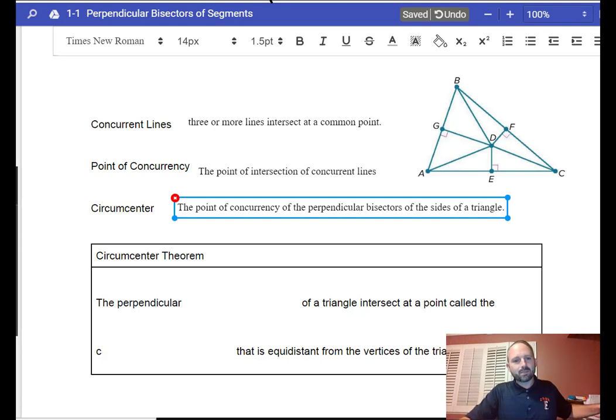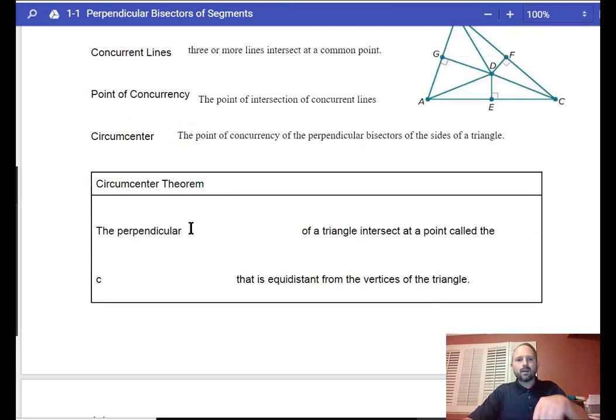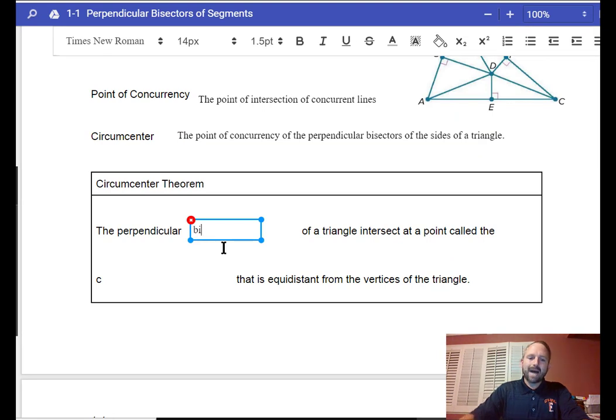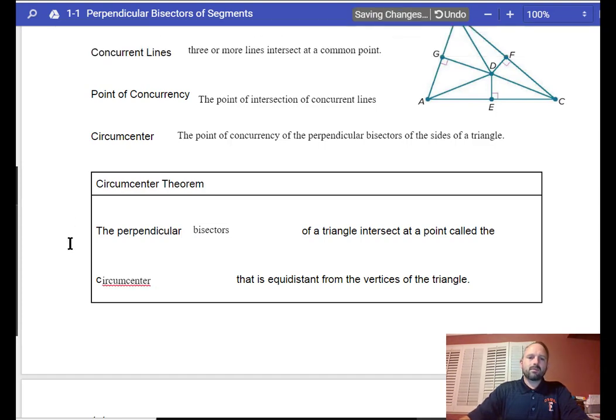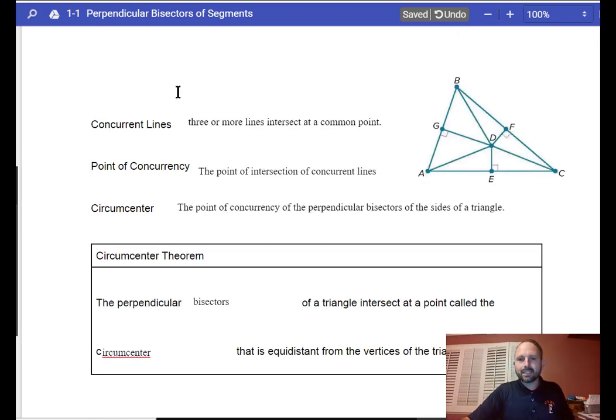All right, let's talk about the circumcenter theorem. The perpendicular bisectors of a triangle intersect at a point called the circumcenter that is equidistant from the vertices of the triangle, meaning each of the 3 points of the triangle are equidistant.